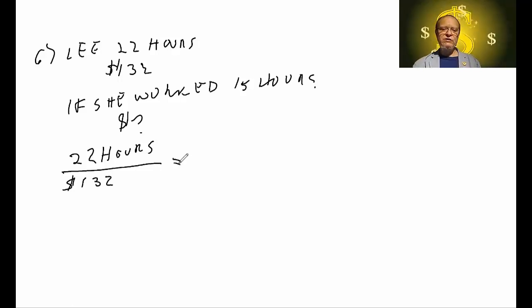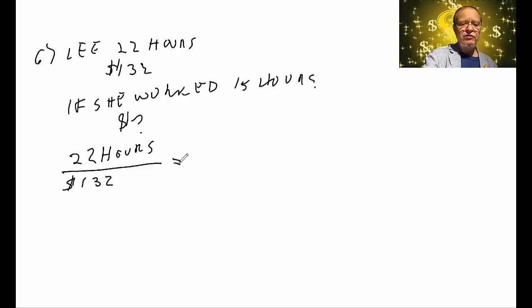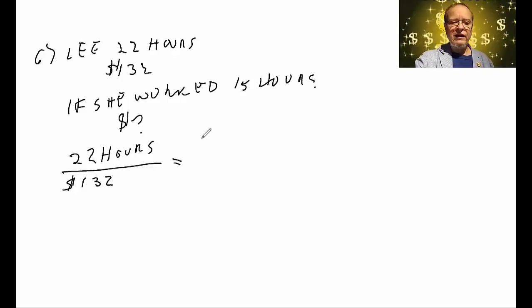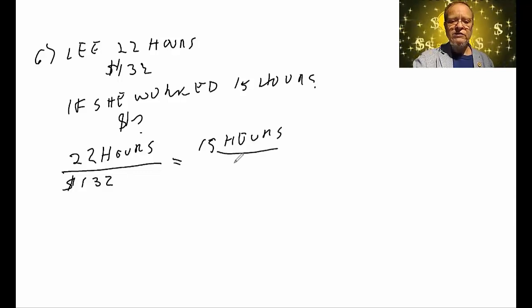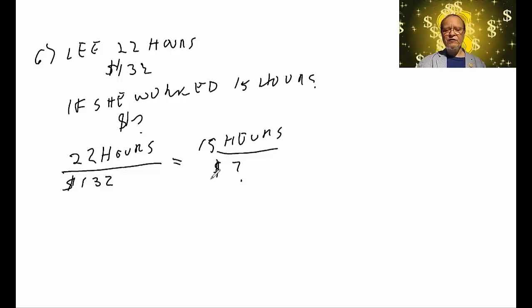Then we compare that to the second situation where she worked 15 hours, but we want to know how much she would make at the same rate.